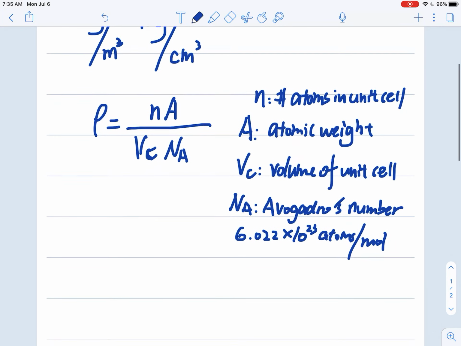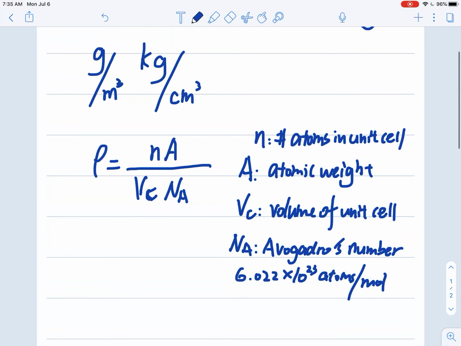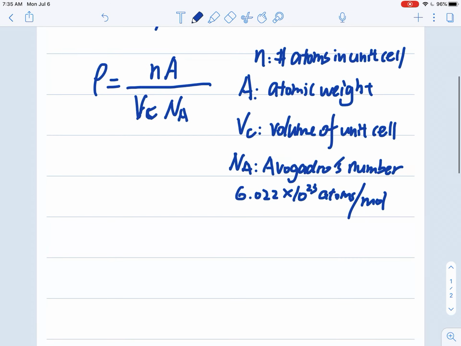Okay, so those are all the information you need to calculate theoretical density. Let's look at an example. As we all know, copper has FCC structure. And previously we learned FCC is pretty dense, right?